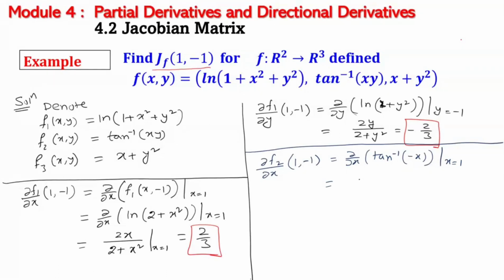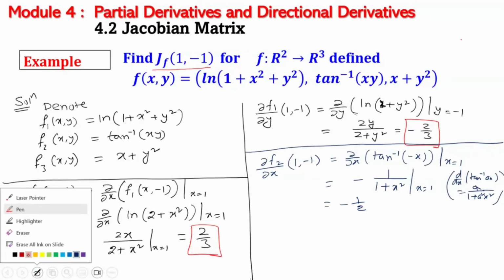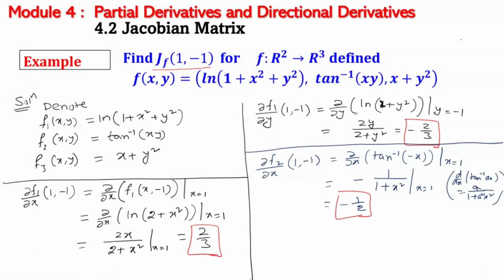So this is equal to minus 1 over 1 plus x square at the point x equal to 1. This is because d dx of tan inverse ax is equal to a over 1 plus a square x square. So this will give us minus 1 over 2. This is another entry of the matrix.